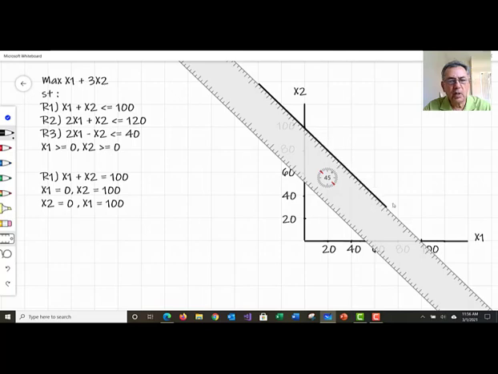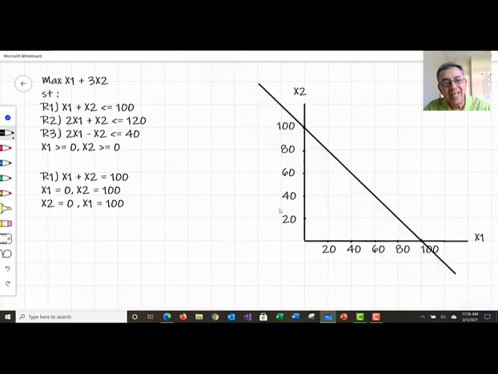And now we have to find out which side of this line satisfies x1 plus x2 less than or equal to 100. For convenience, I select the origin. So if I let x1 equal to 0 and x2 equal to 0, obviously 0 plus 0 is less than or equal to 100.